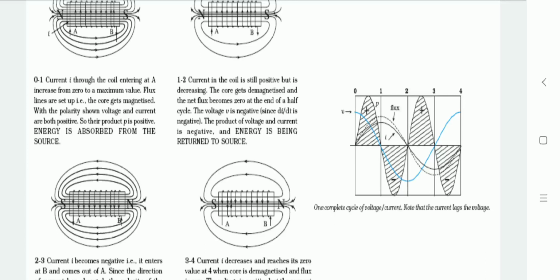And then in the last part, the current is reducing in the same negative part from maximum to 0. The magnetic field strength reduces and the voltage drop is available in the positive half.